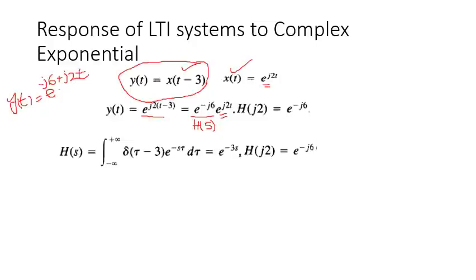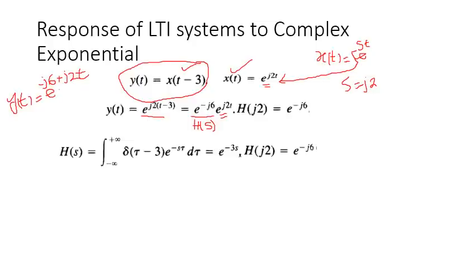Here s is j2, because in general x of t equals e power st, so if you compare, s equals j2, and the real part of s is 0.